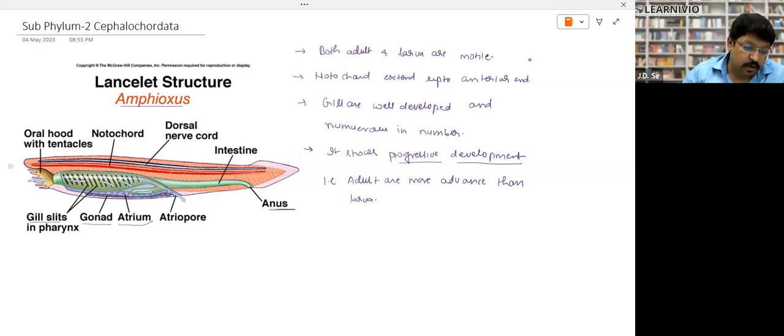These structures are called ocelli, right? Which are present in the front one.